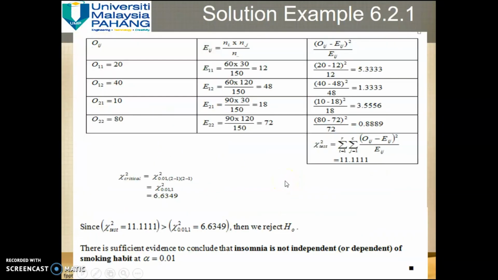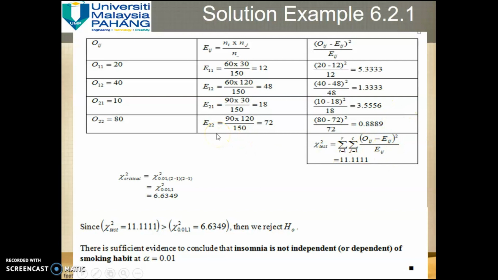The second column is your E, where E_ij equals n_i. times n_.j divided by n_... The third column is the formula for the chi-square. Your chi-square is the summation of the third column.